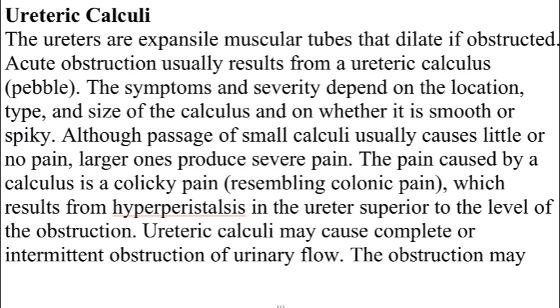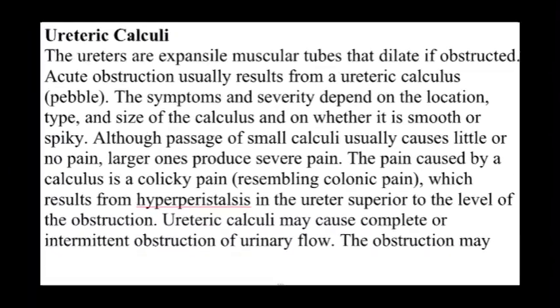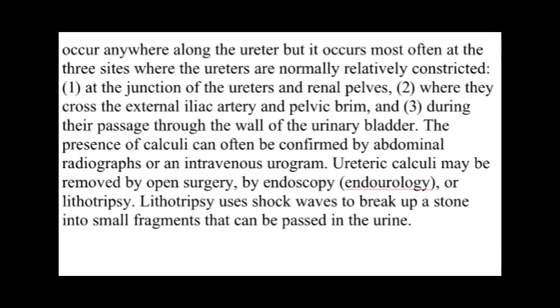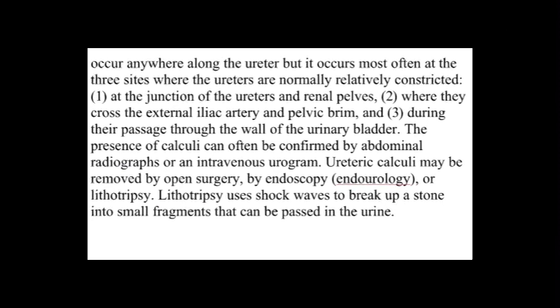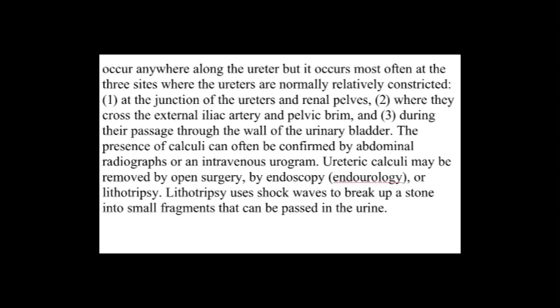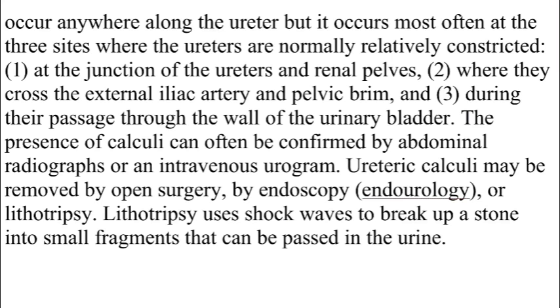Ureteric calculi may cause complete or intermittent obstruction of urinary flow. The obstruction may occur anywhere along the ureter, but it occurs most often at 3 sites. That's the 3 sites where the ureters are normally relatively constricted.